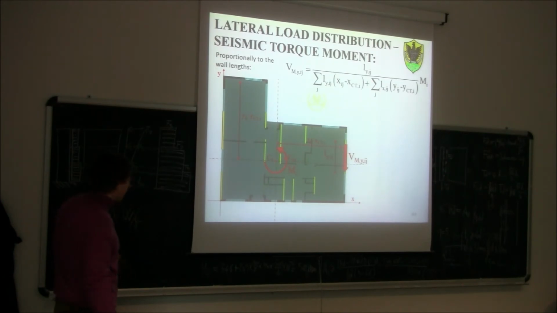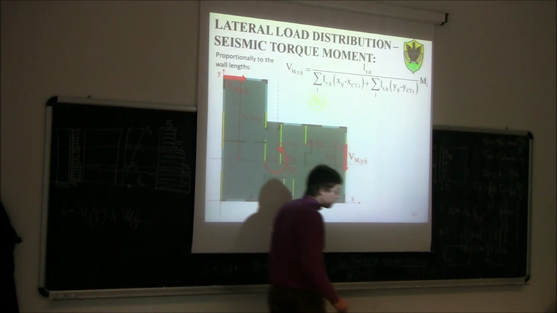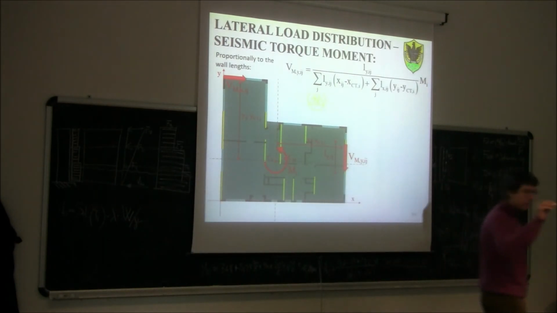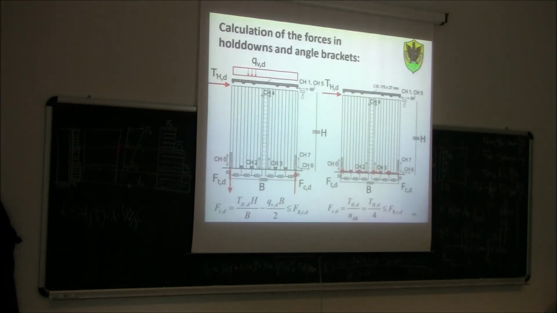Okay? Once I know this shear value here, I can go and calculate, for example, in the light frame building, the nailing. And then with capacity-based design, I can calculate all the other members. Or if I am in a cross-laminated building, I can use these formulas to calculate the tension forces in the hold-down and the shear force in the angle brackets.